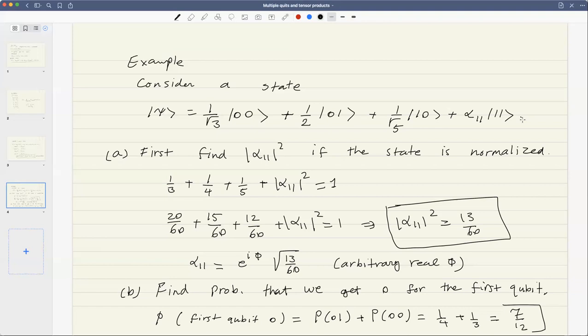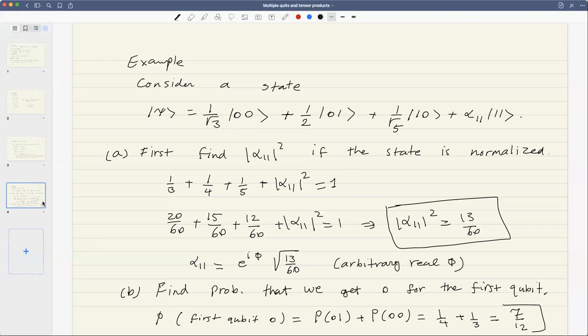I just write down every time I find a 0 for the first one, I put a 0. Every time I find a 1 for the first one, I put a 1. And if I do this n times, and n is very large, 7 over 12 times n times, I get a 0 approximately, and 5 over 12 times n times, I'm getting a 1.